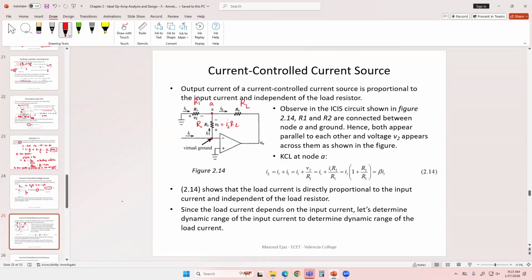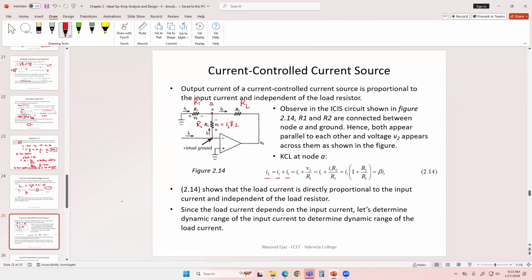So the load current is a combination of these two currents right here, I input and I1. If you apply KCL at node A, I load is equal to I input, which is this current, and I1, which is the current passing through R1: I input plus V2 over R1.